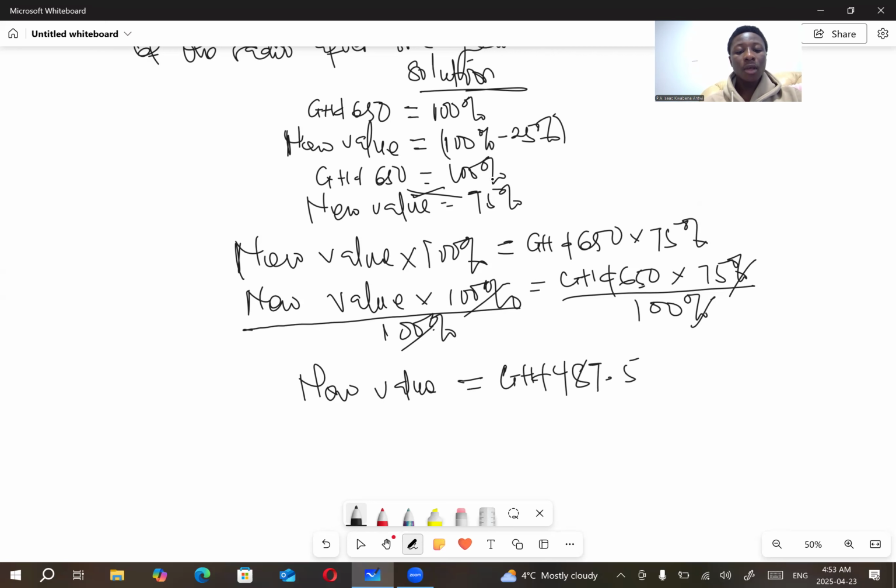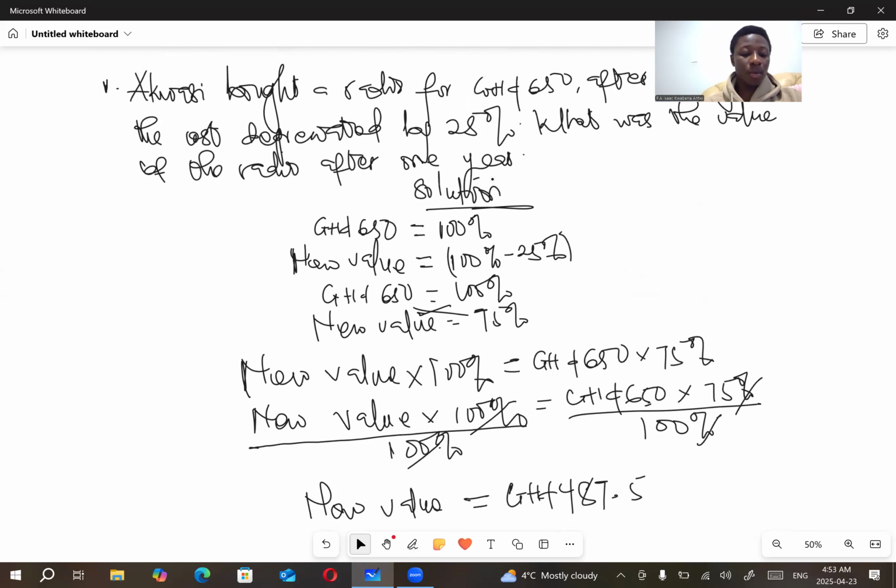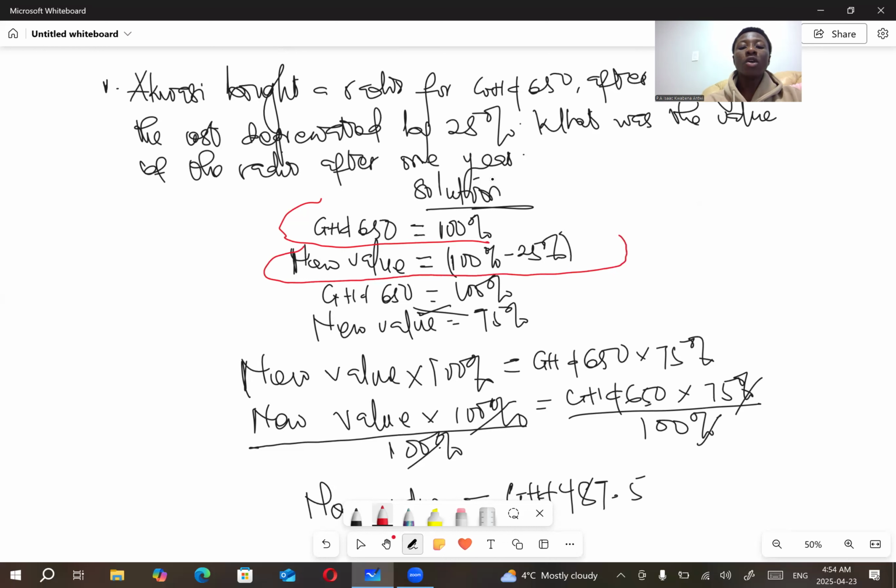So you see, to be honest, this whole concept of the original value being equal to 100%, and the new value being 100% minus the depreciation rate, you can use it to solve any kind of question. What if you are wondering what kinds of questions one may be asked?